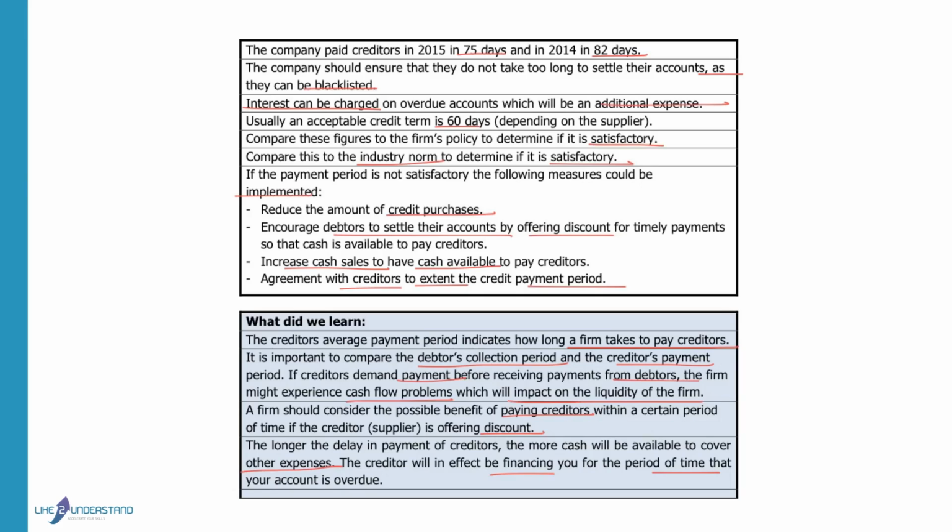So when you look at the creditors' payment period, you must make sure that you don't take too long and get blacklisted so that they don't want you to buy from them on credit again in the future. On the other side, you must try and extend your payment period so that they are actually financing you and you can use the money in the meantime to pay your expenses until the debtors pay their accounts.